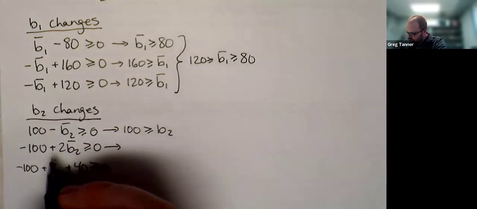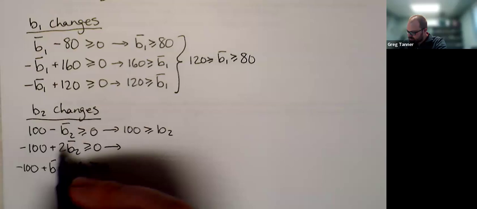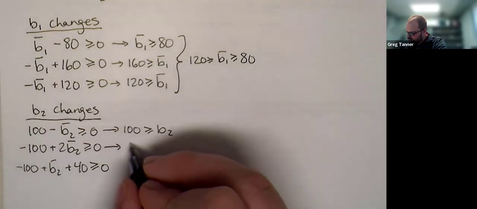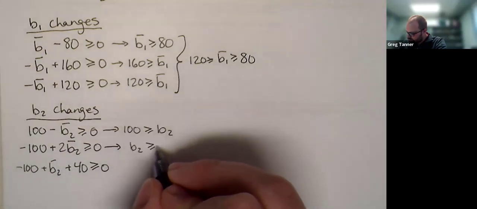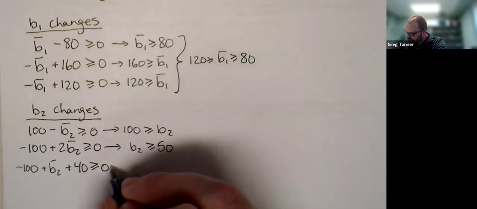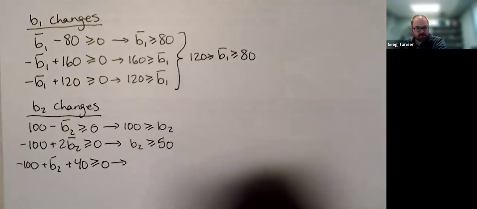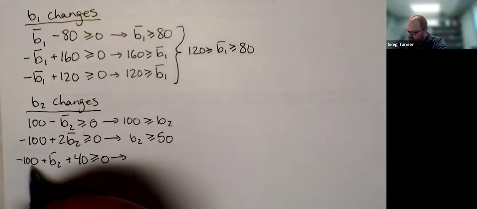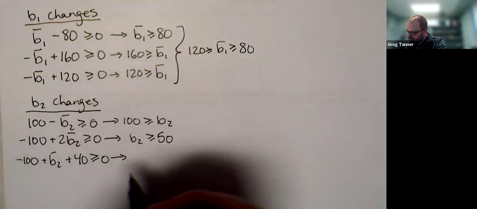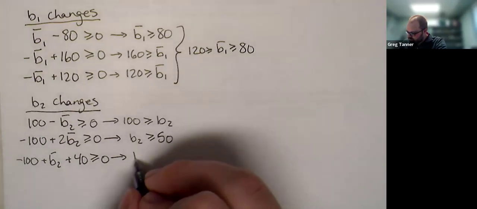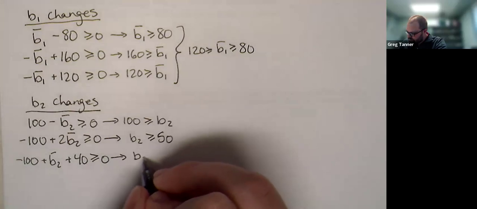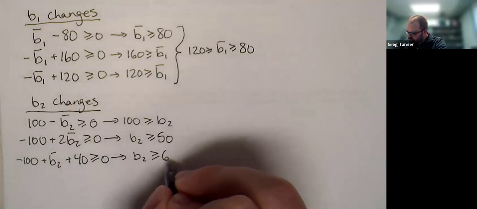Okay. So here I'm going to add 100 to both sides, divide by 2, and that will give us B2 is bigger than or equal to 50. And then this one, that will give us negative 60 added over to the other side. And this one will say that B2 is greater than or equal to 60.